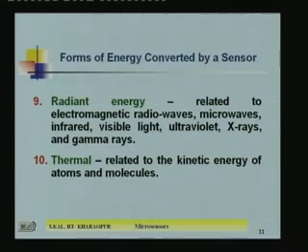Okay. Now, other forms are also there, radiant energy and thermal energy. Radiant energy is related to the electromagnetic radio waves, microwaves, infrared, visible light, ultraviolet, X-rays and gamma rays. Those are radiant energy. Many of these energies are available in space.